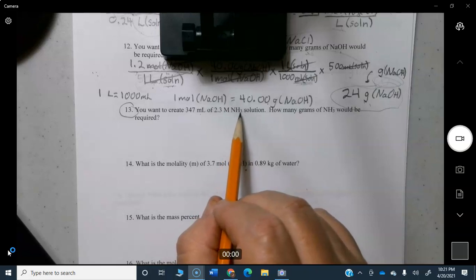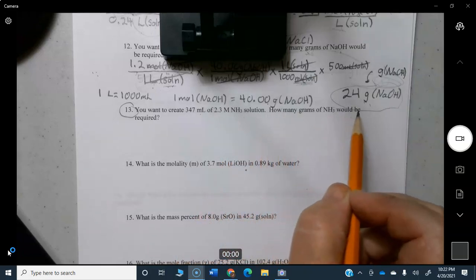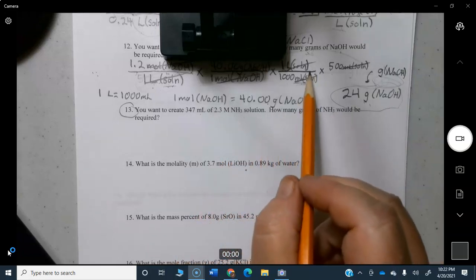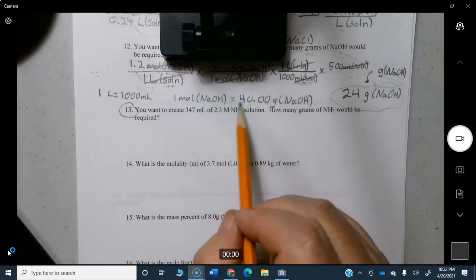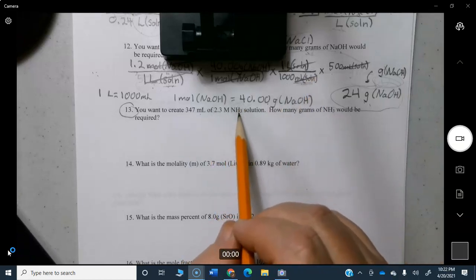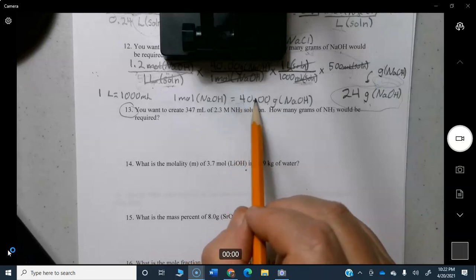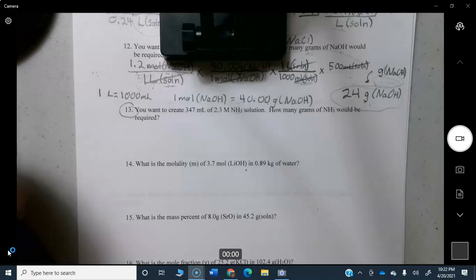That's ammonia. How many grams of NH3 would be required? It's done exactly like this one. It's just the numbers and the substance is different. The only thing substance matters is the molar mass is going to be different than it was for sodium hydroxide. Other than that, the problems work exactly the same. So I want you to do 13 on your own, okay? And that's one that I'll check. Done exactly like 12.